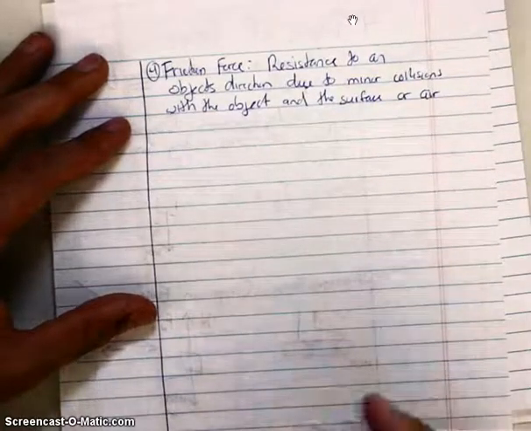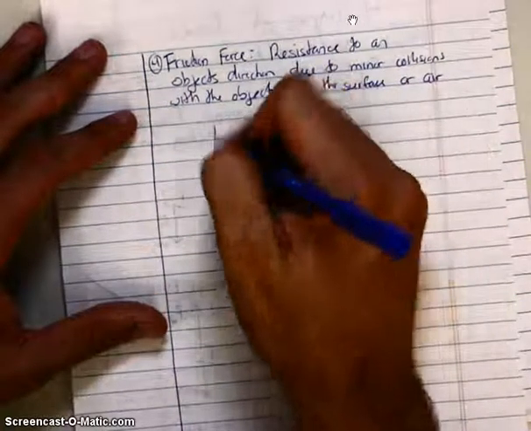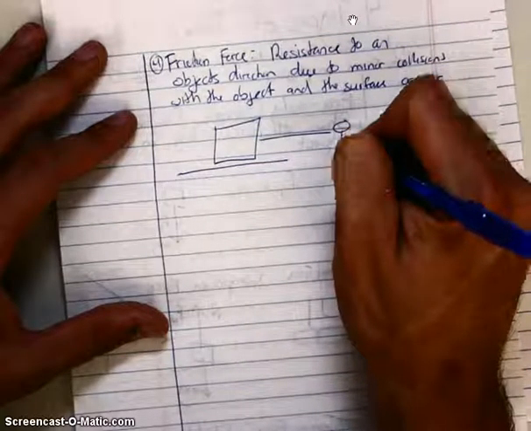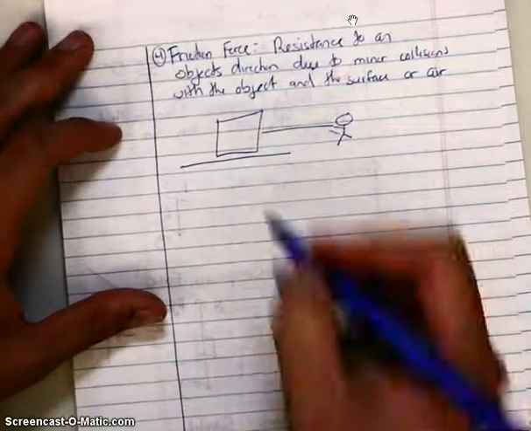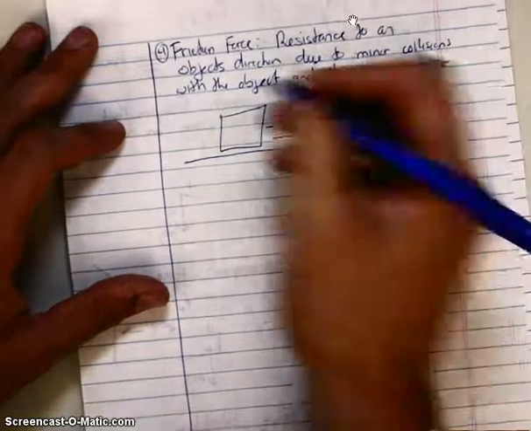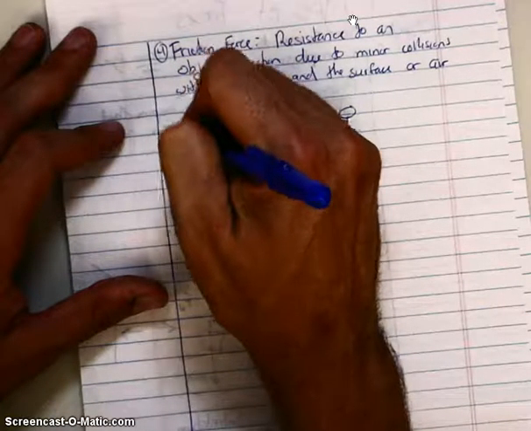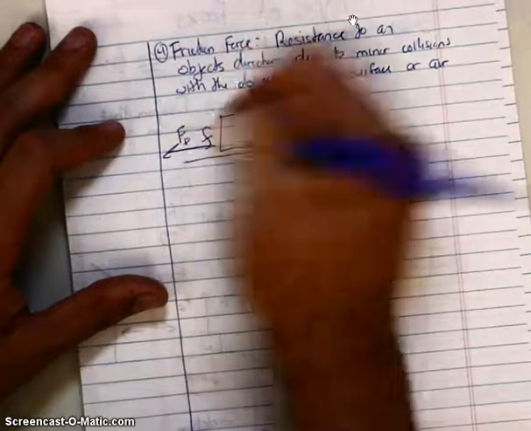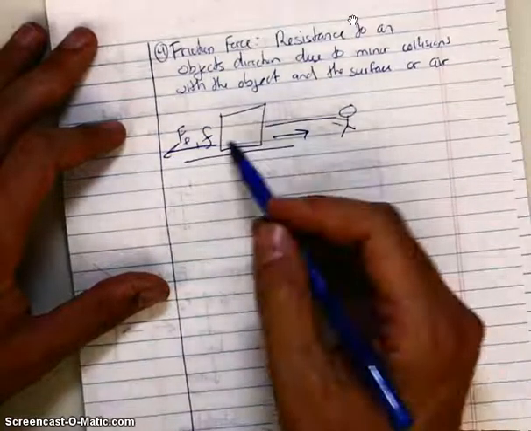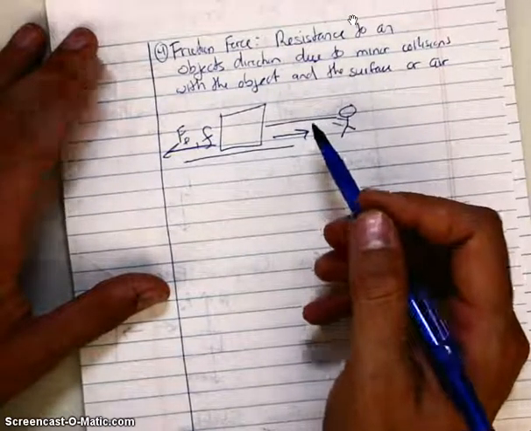So for example, we all know that if we were dragging a box, once again, we're pulling a box here. If we were dragging a box this way, the friction force, capital F, lowercase f, or just lowercase f, both those work. If we were dragging it across the floor, there would be a friction force.